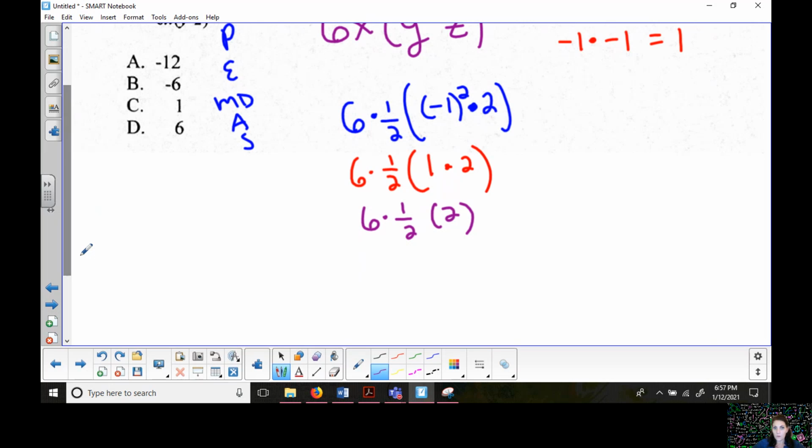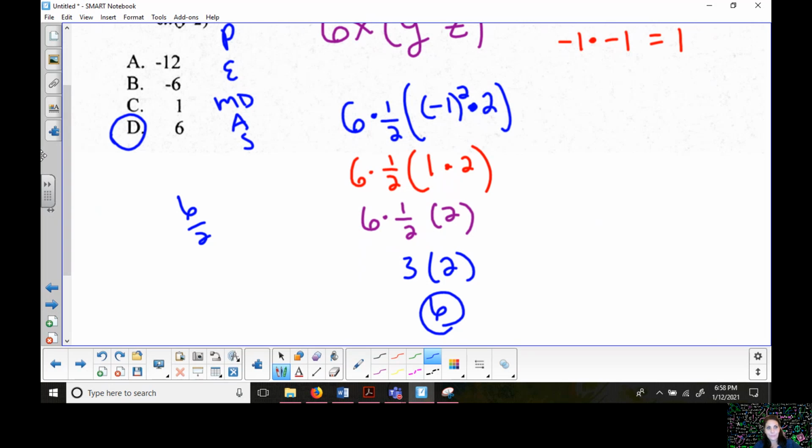Now we're going to do PEMDAS, going left to right. 6 times 1/2 is the same thing as saying 6 divided by 2. 6 divided by 2 is 3. Now we have 3 times 2, and 3 times 2 is 6. And that is our answer.